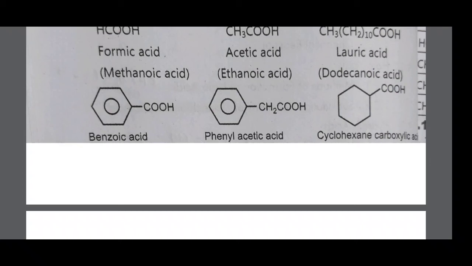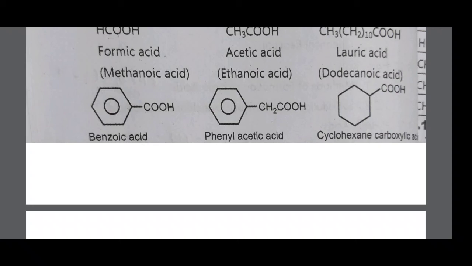Here is a group of organic compounds containing a carboxylic group, that is the COOH group. A carboxylic acid contains a carbonyl group to which a hydroxyl group is attached. The general formula of the group is RCOOH. In the formula, R denotes the rest of the group attached to the functional group.